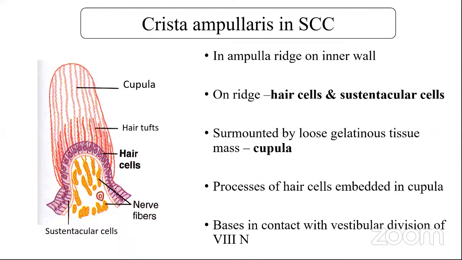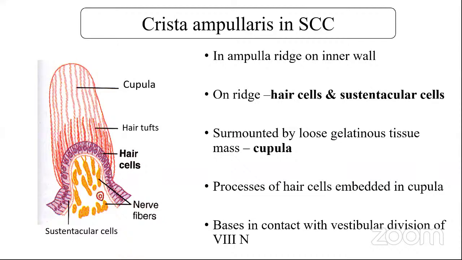Adjacent to the hair cells, you can see the sustentacular cells, marked in the lower part. Then it is surrounded by a loose gelatinous tissue mass known as the cupula. You can see the cupula. Now, processes of hair cells are embedded in the cupula.